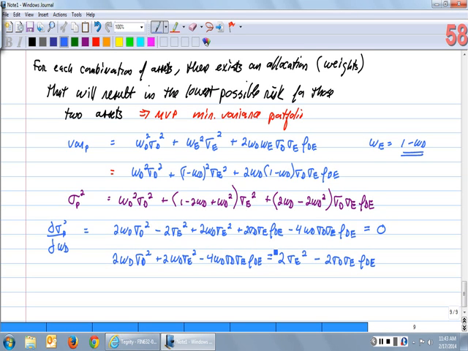I want you to recognize that I can divide both sides by 2, and I'm going to get rid of a lot of numbers. So dividing both sides by 2, I'll get WD sigma D squared plus WD sigma E squared minus 2 WD sigma D sigma E correlation equals sigma E squared minus sigma D sigma E correlation DE.